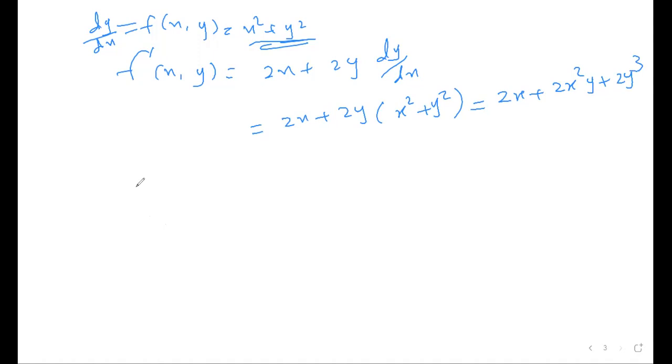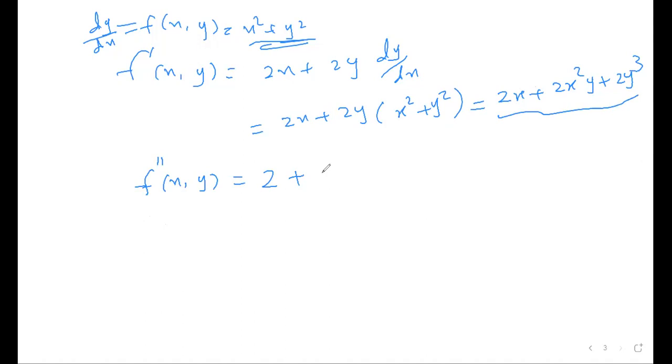Let me continue first, then we can substitute things. What about f double dash of x comma y? Hope you understood. Please take the derivative of this equation with respect to x. For this one, if I differentiate with respect to x, I'll get 2.